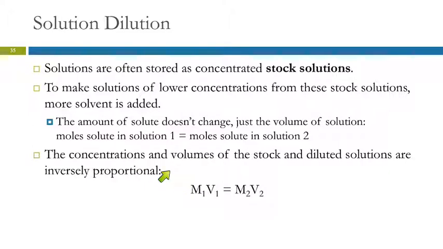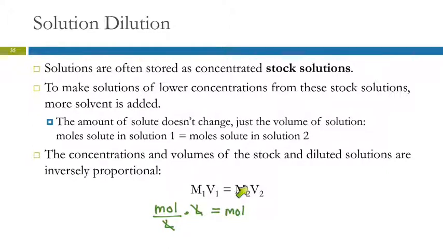The concentrations and volumes of solutions are related by this equation, M1V1 equals M2V2. So the molarity of the first solution times its volume. Well, molarity has units of moles per liter, and if the volume is in liters, then that gives me the moles of solute, right?